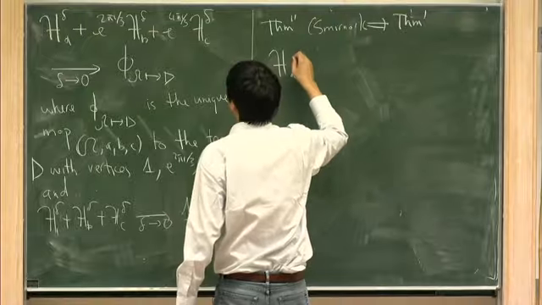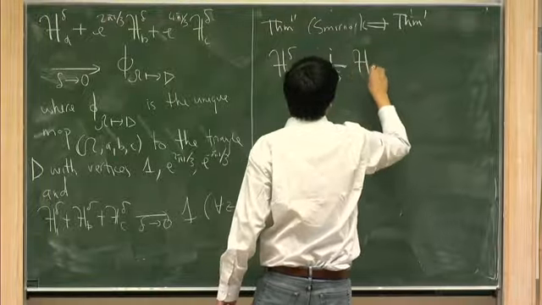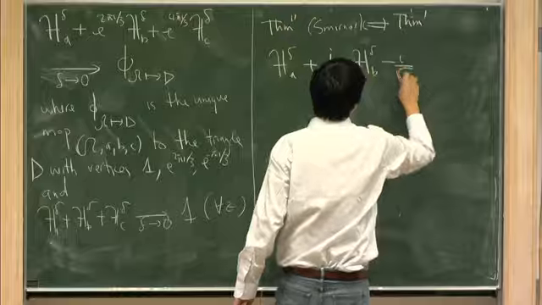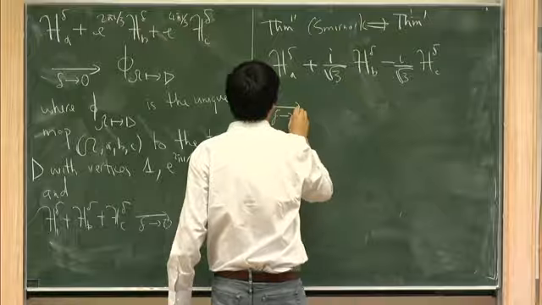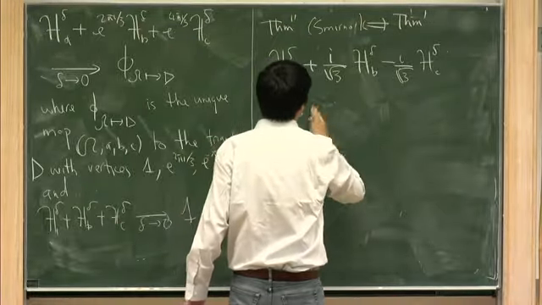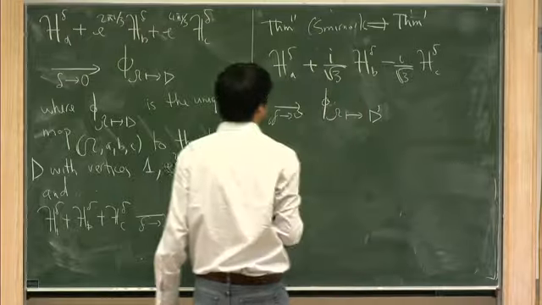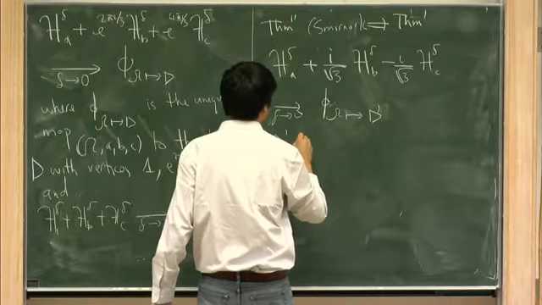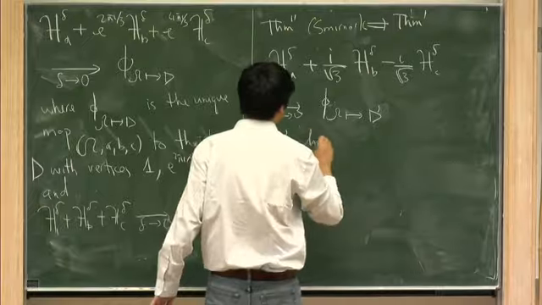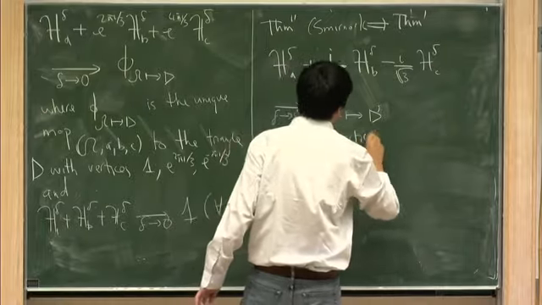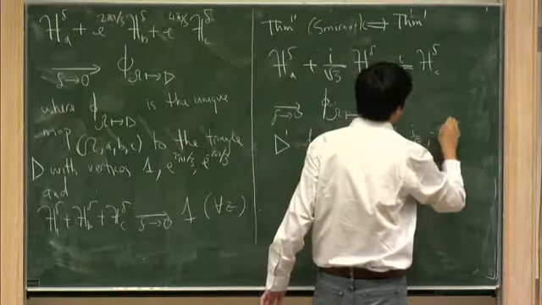The statement is HA delta plus i over root 3 HB delta minus i over root 3 HC delta converges to the map phi sending omega to a new triangle, and this new triangle has vertices 1, i over root 3, minus i over root 3.